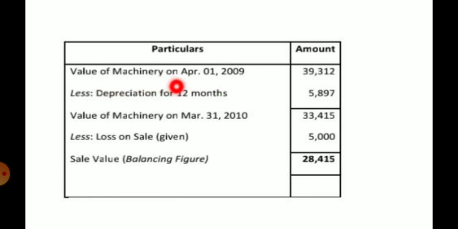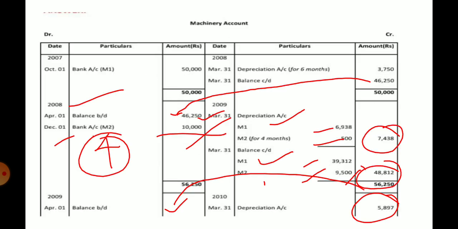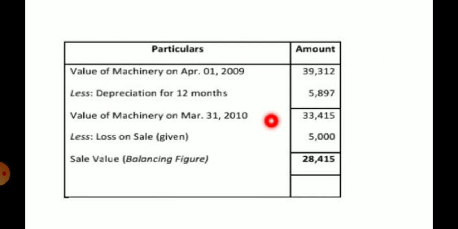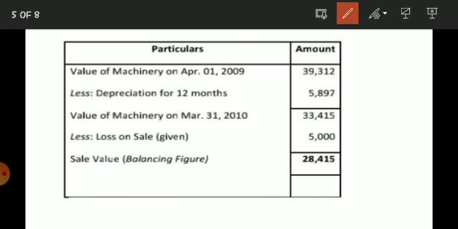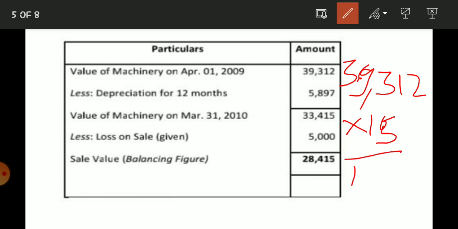On 1st April 2009, the value of first machinery is 39,312 as you calculated. Okay, and depreciation for 12 months you have to calculate, so easily you can calculate here. 39,312 into 15 upon 100, 12-month depreciation.